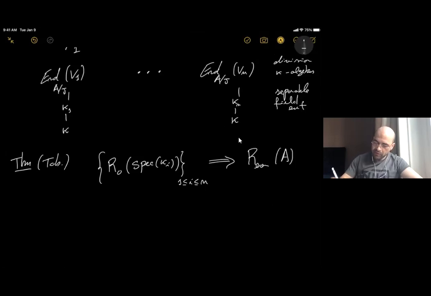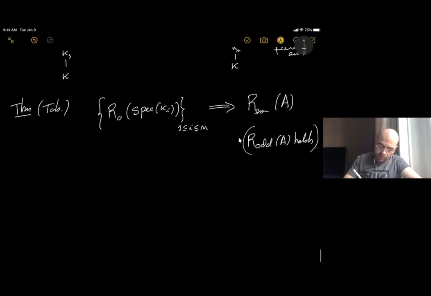If the conjectures hold for these finite separable field extensions, then you also have the conjecture for A. And the odd case always holds. So this is not complicated.